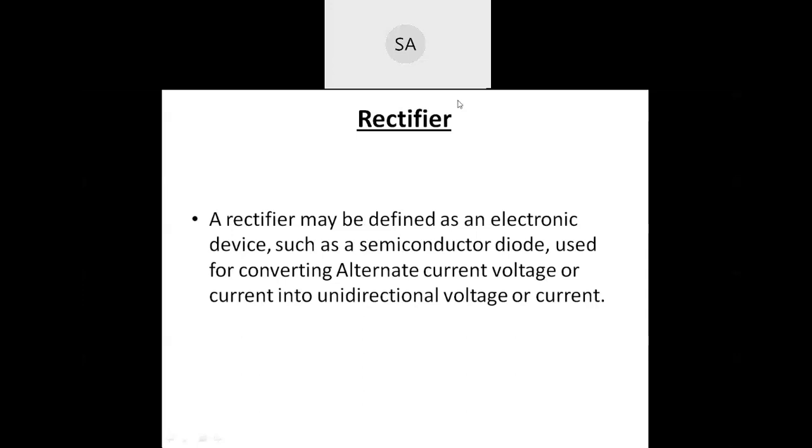So that is the definition of rectifier, which is used to convert AC voltage or current into DC voltage or current. It is a simple diode constructed in the circuit, such as a semiconductor diode.